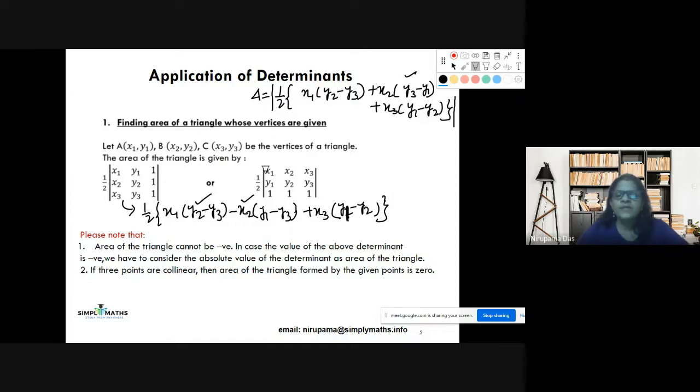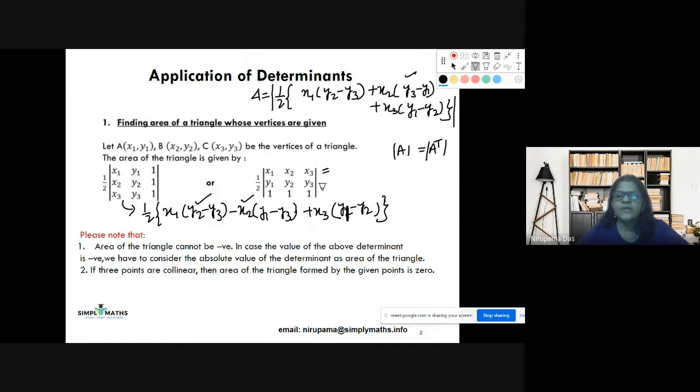I can expand along the first row too, or if you know the properties of determinants, determinant of A equals determinant of transpose of A. Whether you expand row-wise or column-wise, there is no change. So you may write it like this also: x1, x2, x3 in the first row, y1, y2, y3 in the second row, 1, 1, 1 in the third row.